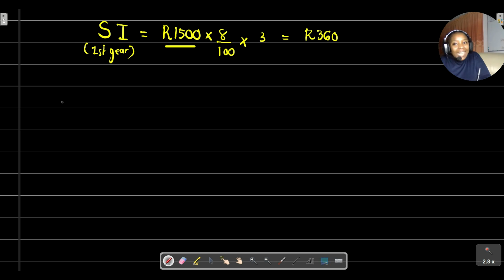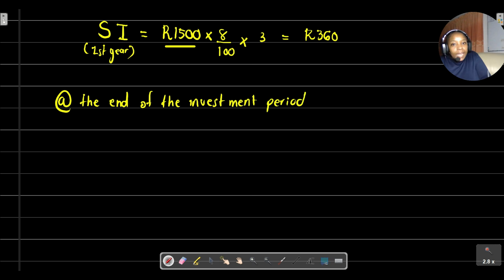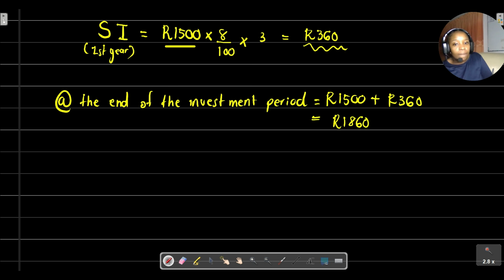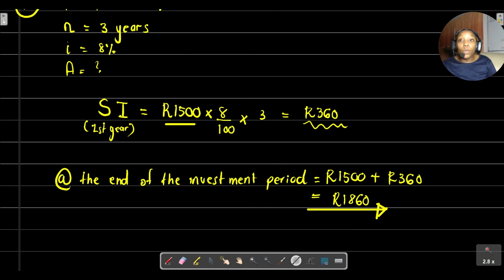So that means that at the end of the investment period, how much will you actually have? You will basically have that 1,500 plus the interest that you've earned of 360, which is 1,860.